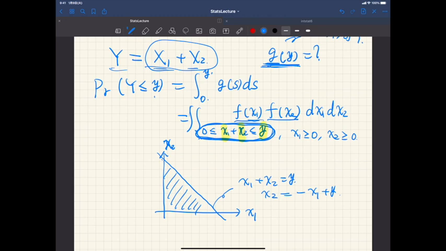So that means this intercept is y. Okay, and actually this intercept is also y, and this is 0. So what we want to do is integrate this function over this region. Okay, so that's what we want to do.